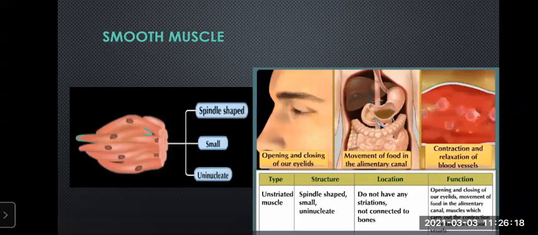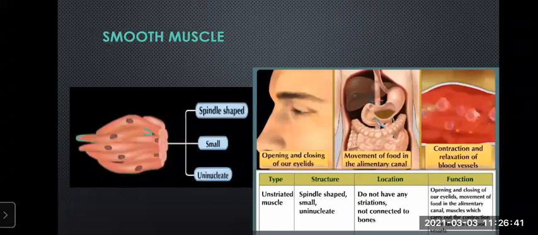All these organs are composed of smooth muscles. When we talk about movement of these muscles, we all know that the movement of our digestive system is not in our own control. It is carried out without our knowing.